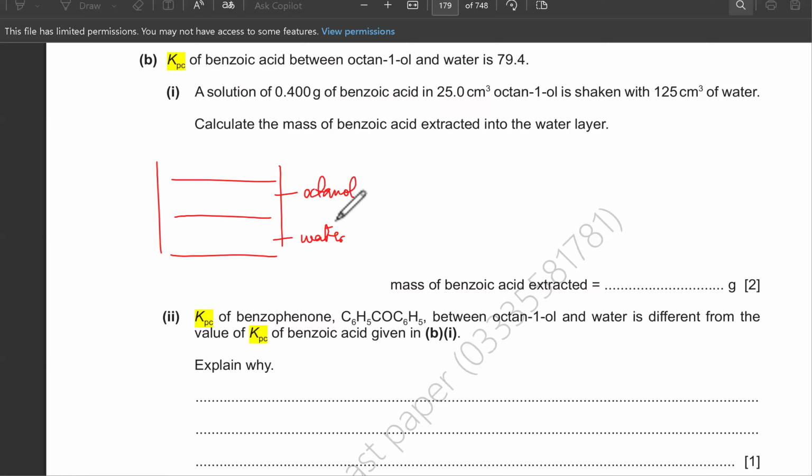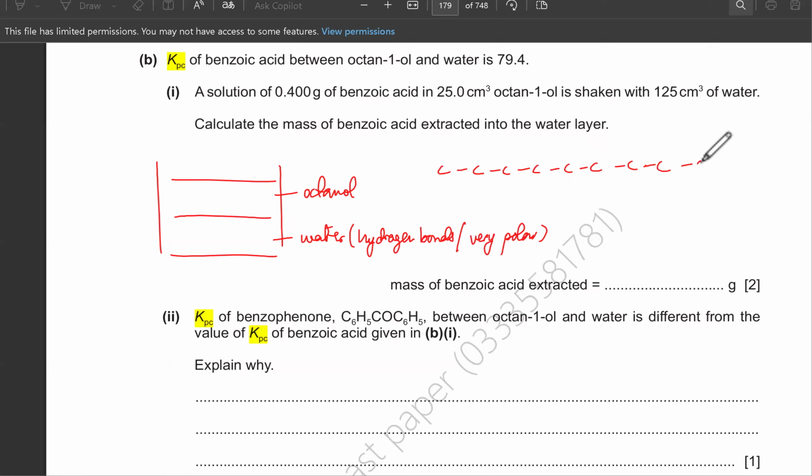So water has more hydrogen bonding. Water is highly polar, right? It forms hydrogen bonds, and that means it's very polar. So what is octanol? Octanol is mainly a carbon chain. It's like eight non-polar carbon atoms, so most of octanol is non-polar.